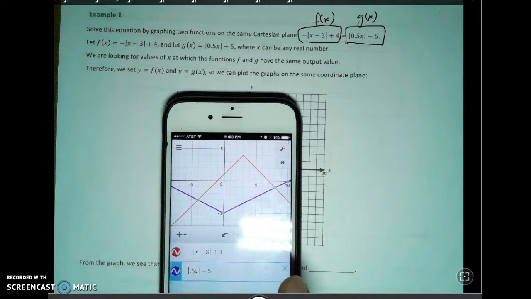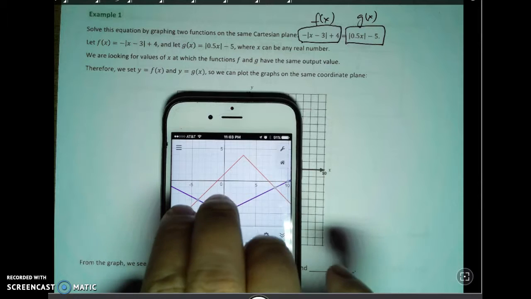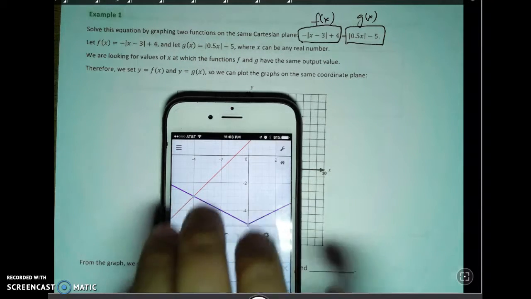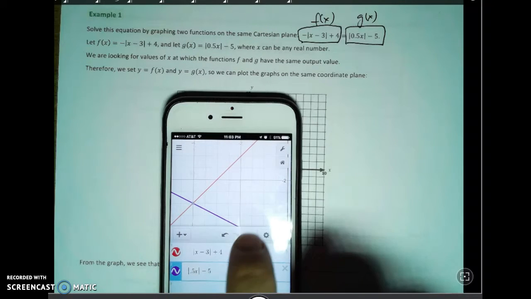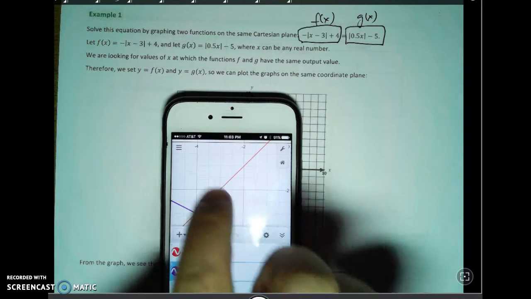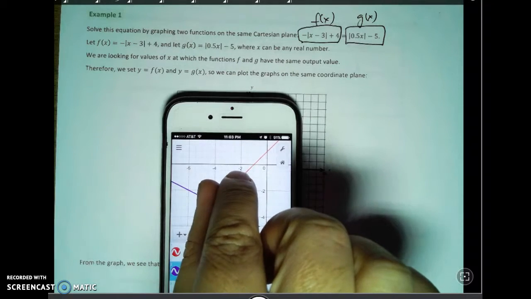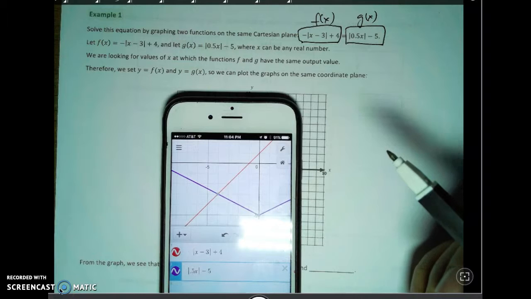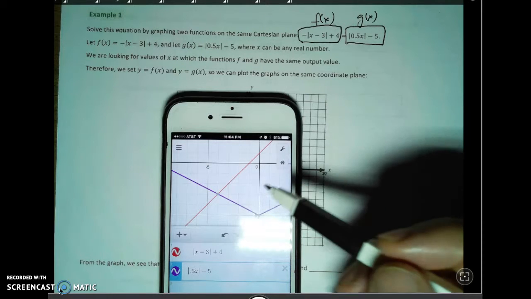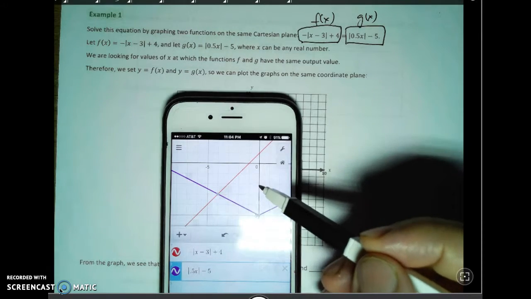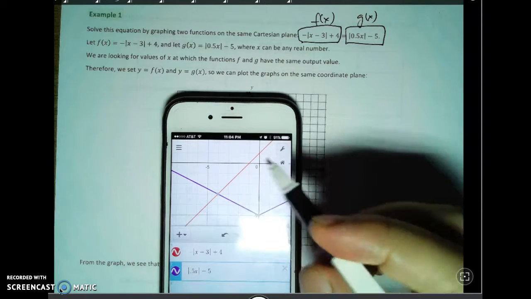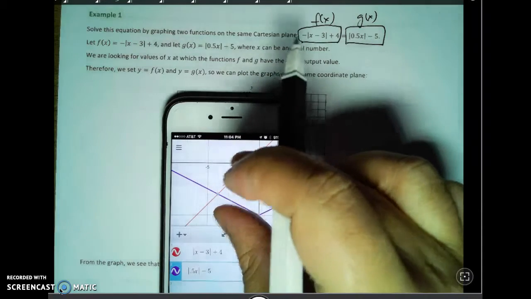They're both piecewise functions, and we have to zoom in on this graph to see where they intersect. It looks like the first intersection point is at x equals negative 4, and the y is at, oh, I'm sorry, negative 3.